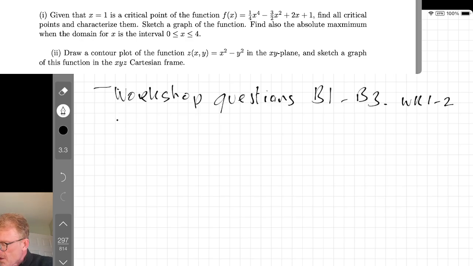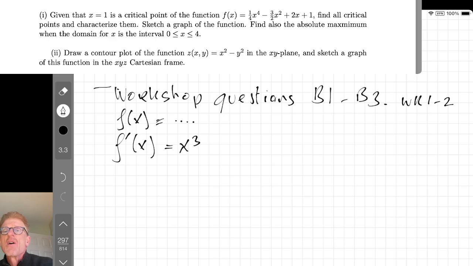So first we are given f of x, so you can write that out. And to get the critical points, we need to derive f prime of x, which is x to the power 3 minus 3x plus 2, and this is 0.